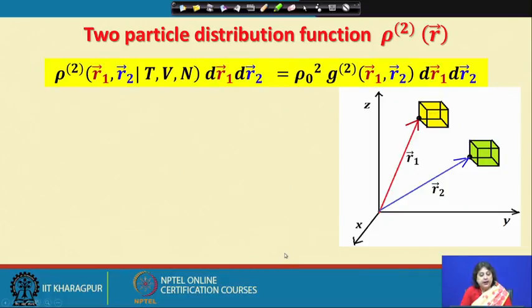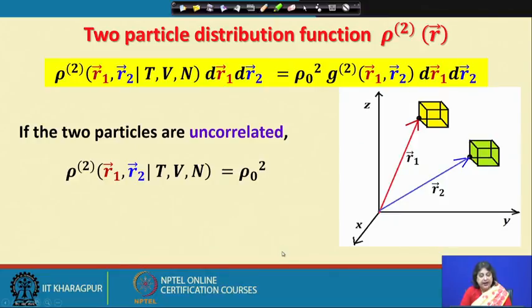And now, when I use this definition, then I understand that I already have this particle 1 fixed at this position somewhere within this volume element, and I am asking if the position of a second particle is correlated to its position. Now, if these two particles are uncorrelated, they will behave as single particles and their probabilities are going to be given by their individual singlet probability distribution, which in the case of a homogeneous system is nothing but rho naught square.